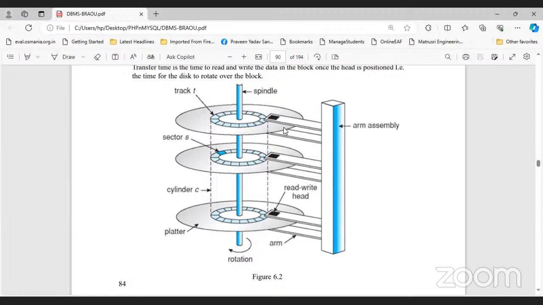Every arm has a read and write head. Using this, you can write and read the data from the hard disk. Entire this is called the platter. All these platters together form the cylinder. This is the track, and this single box is called the sector. Entire single rows of these boxes are called the track.